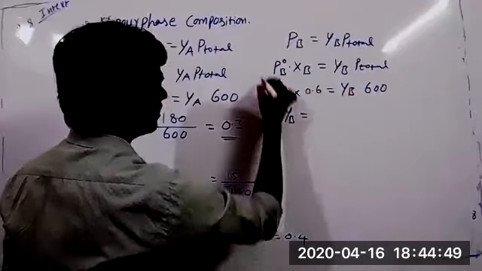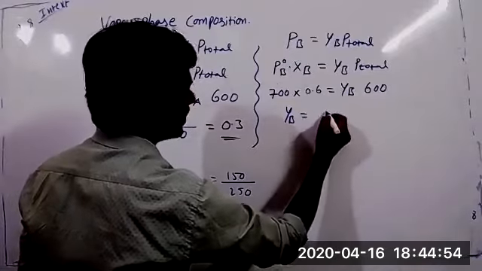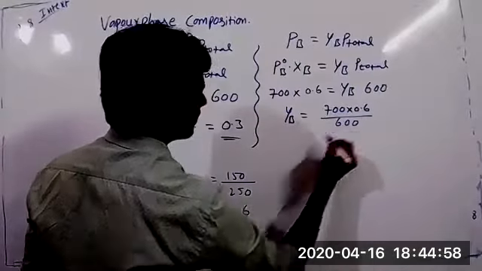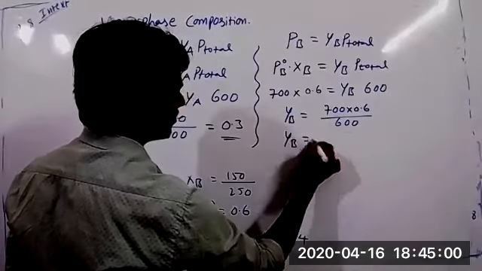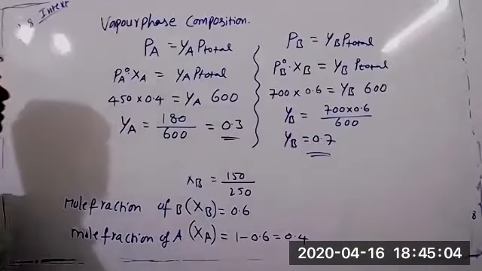YB is equal to 700 into 0.6 divided by 600, which is 0.7. Yes? Note down this.